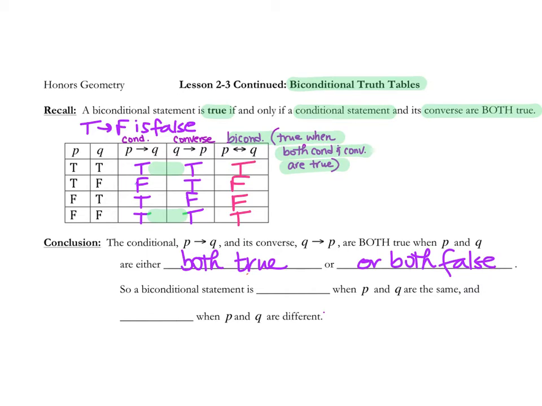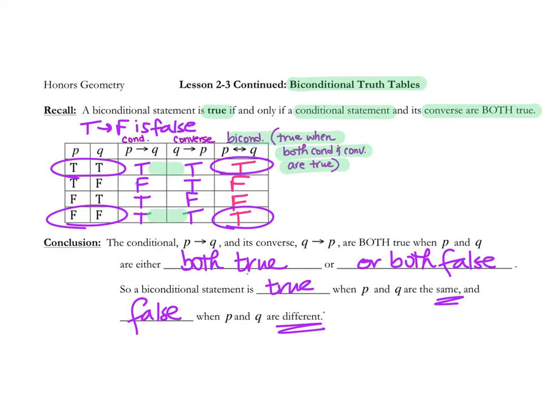That means in the chart right here, when P and Q are both true, it's a true biconditional, and when P and Q are both false, it's a true biconditional. So a biconditional statement is true when P and Q are the same, and false when P and Q are different.